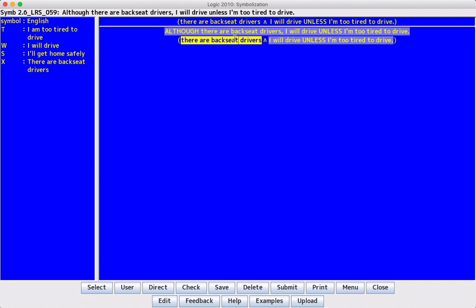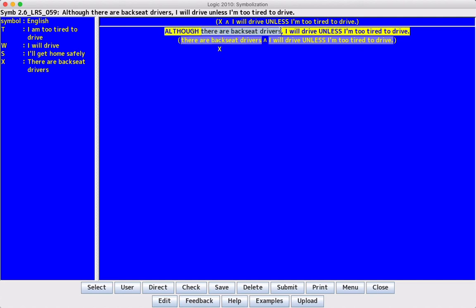There are backseat drivers, that's just atomic X. So one thing this sentence is doing is saying, are there backseat drivers? Indeed there are. And then it also says when will I drive? Unless I'm too tired to drive. So if this isn't true, then this is true.